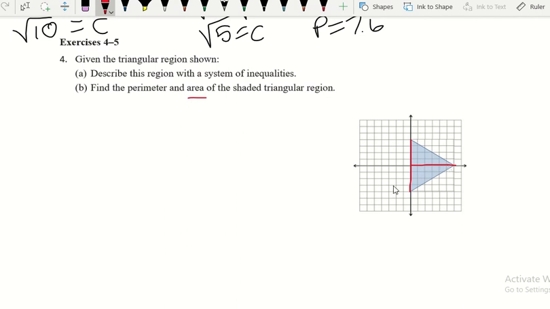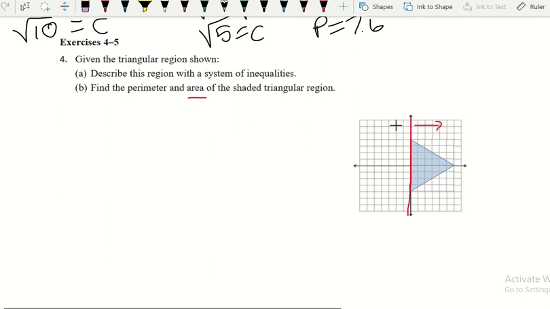But if we're doing the inequalities, remember we're going to essentially graph this line right here, and we're going to shade to the right. Okay, we're going to graph this line over here. So if we extend these lines out, okay, and you can see this is going up 3, and essentially up 2 over 3.